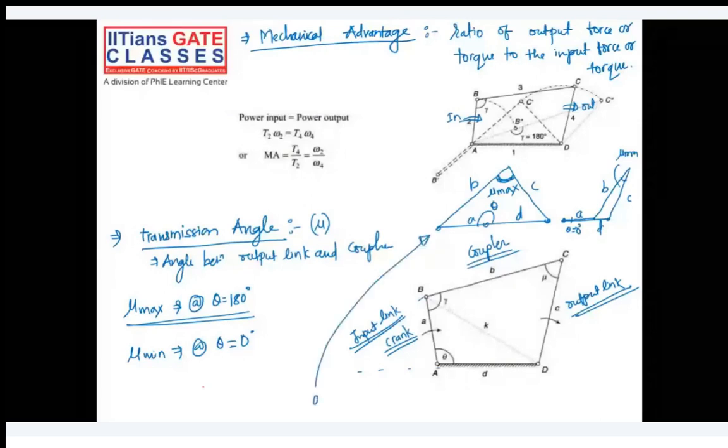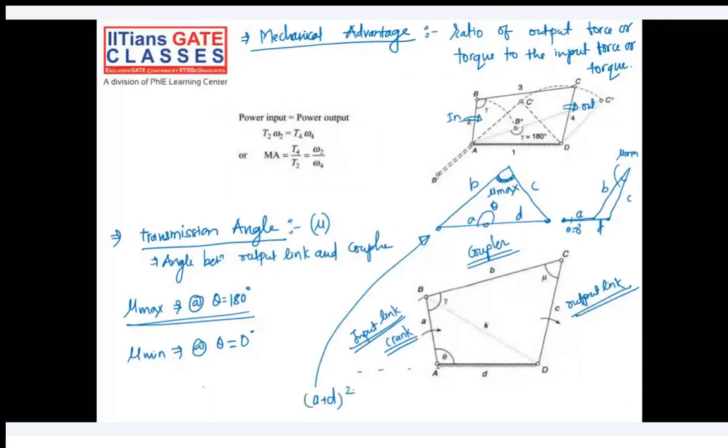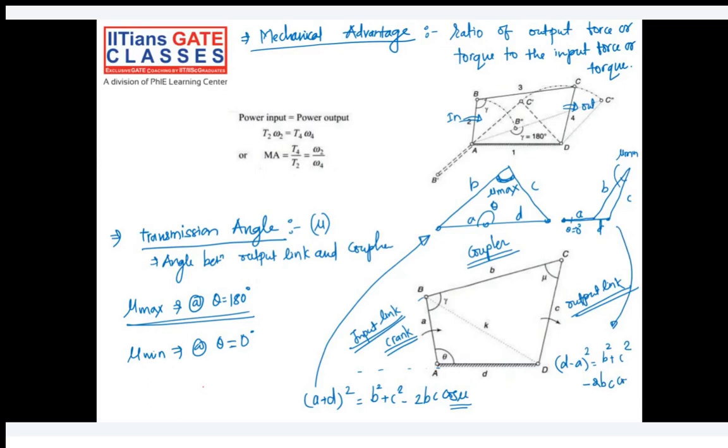So this logic you can apply, and in this situation d minus a whole square equals b square plus c square minus 2bc cos of mu. Nothing is different, same formula, but actually the side of the triangle here is d minus a, and in the first case it is d plus a. That is the only thing which is changing, but ultimately I'm using the same formula.